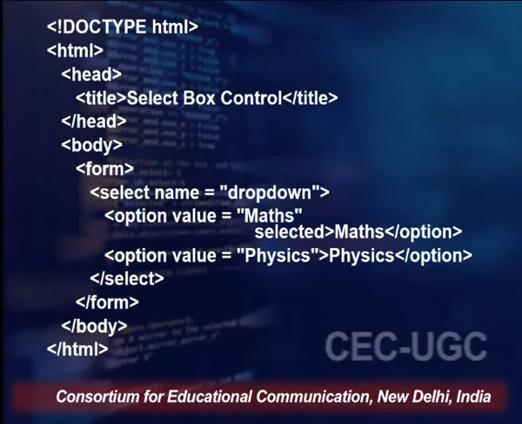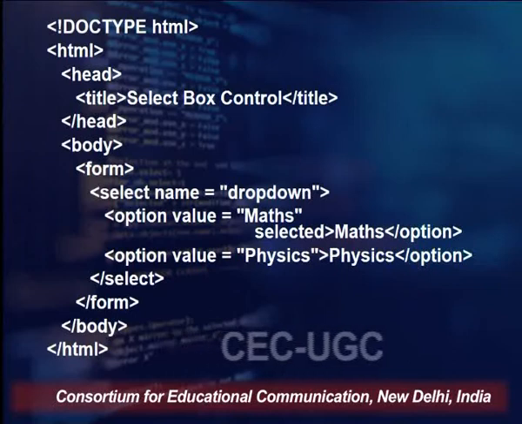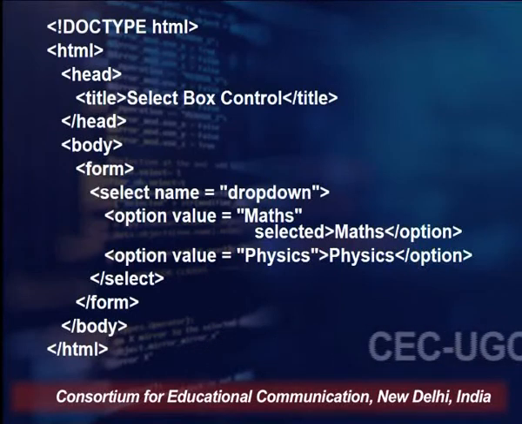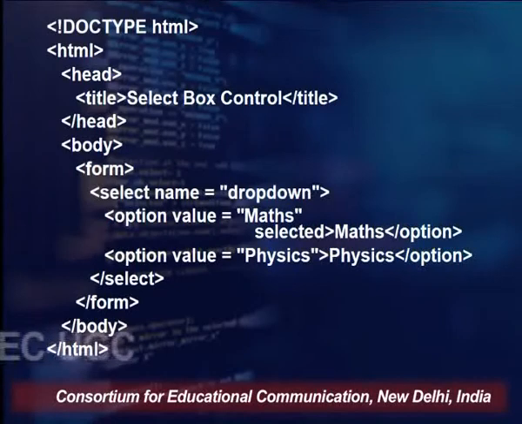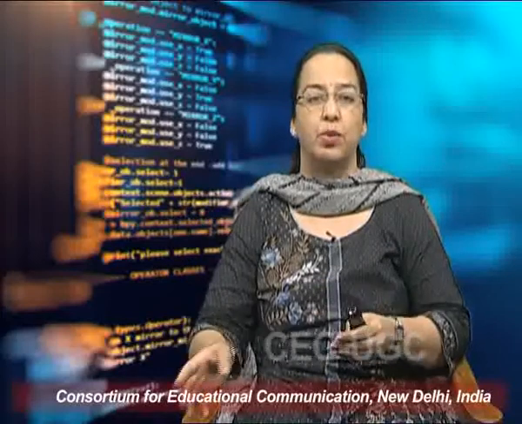So we can have it as option value equal to maths, subject 1. If subject 1 is chosen by the user, the value equal to maths will be registered against this option on the server. Then option closed, and the next line is option value equal to physics.